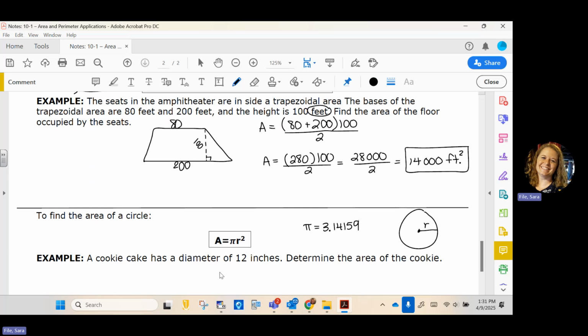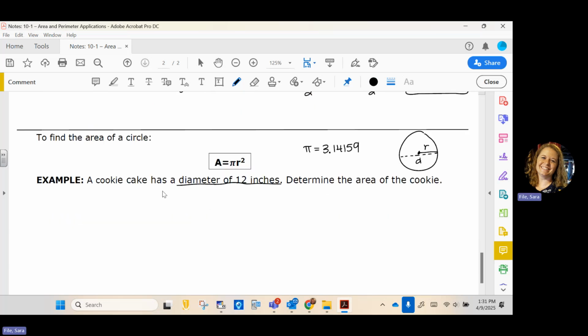It says a cookie cake has a diameter of 12 inches. Remember, diameter was all the way across. If I were to sketch this, this is my cookie cake, and they tell me all the way across is 12.